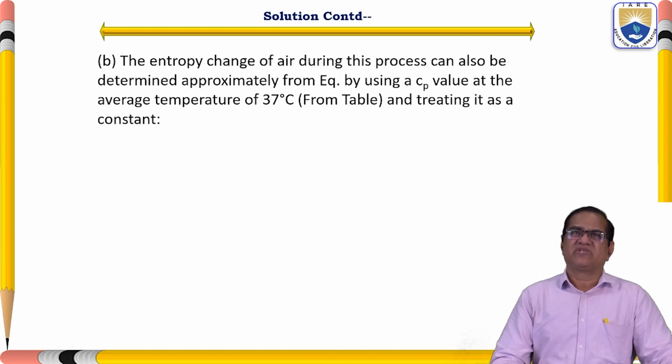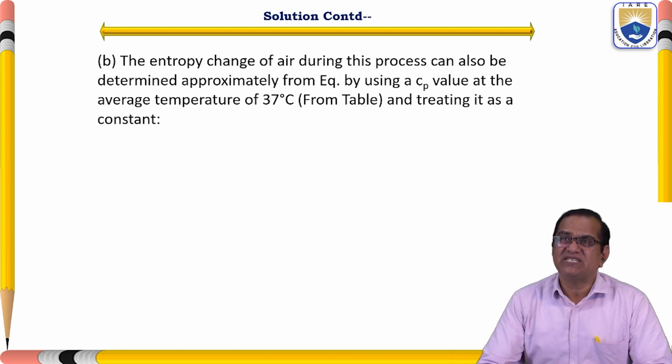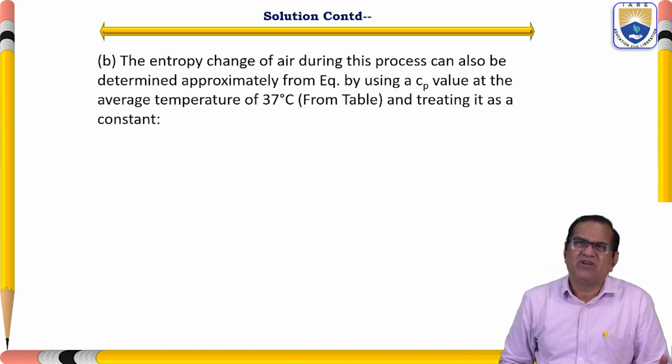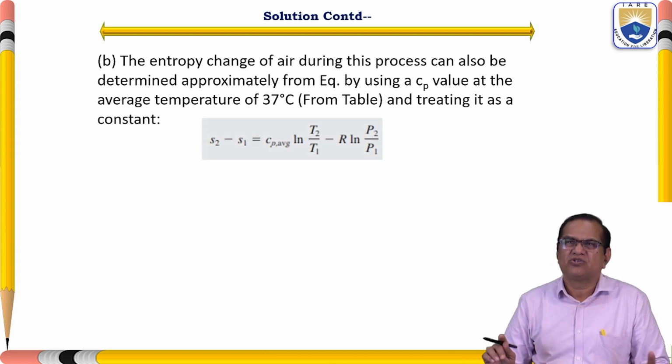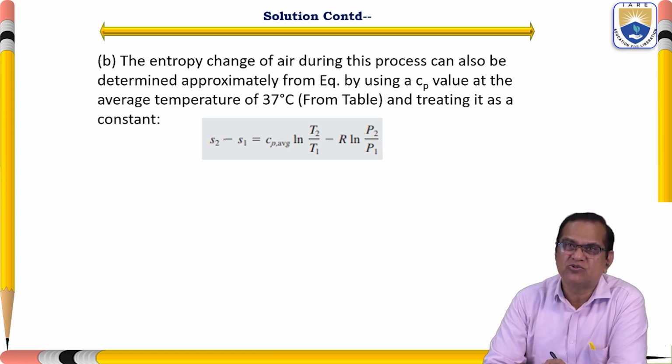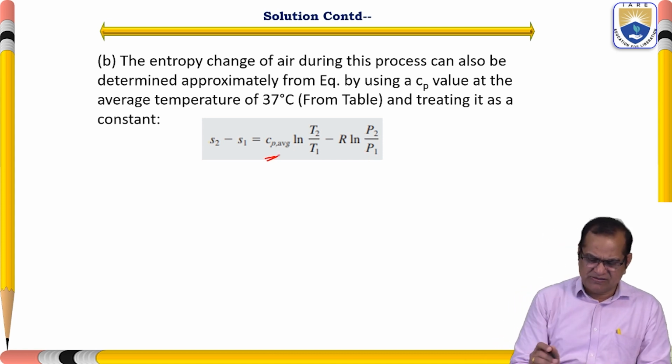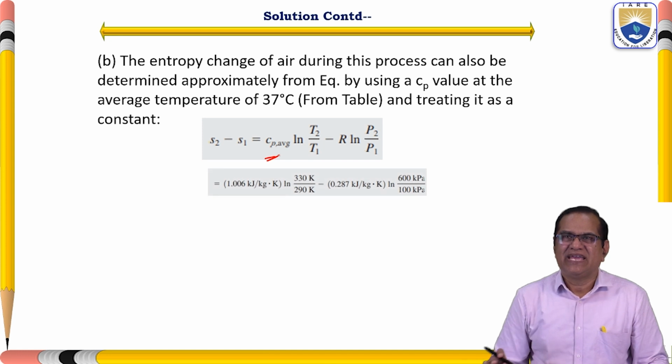Now we have to see another case. The entropy change of air during the process can also be determined approximately from the equation by using a Cp value at the average temperature of 37 degrees centigrade from the table and treating it as a constant. So Cp we have to find out. Here s2 minus s1 is equal to Cp average ln T2 by T1 minus R ln P2 by P1. Here this Cp value we have to take at the given temperature.